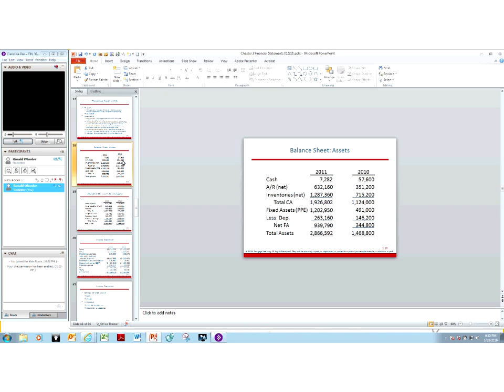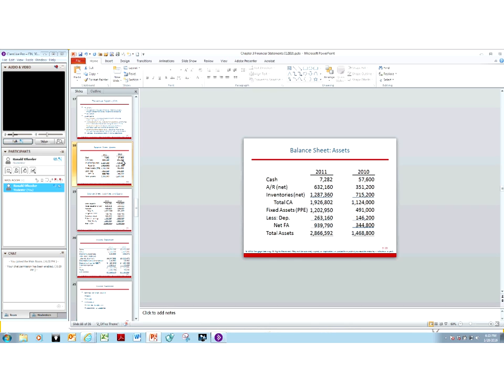So you start with cash, you then have your accounts receivable, net of any allowances. Then you move into things slightly less liquid like inventories. Within 30 to 60 days, you're usually collecting your receivables. Inventories can be in your warehouses for months at a time. And so those tend to be the key components of current assets.